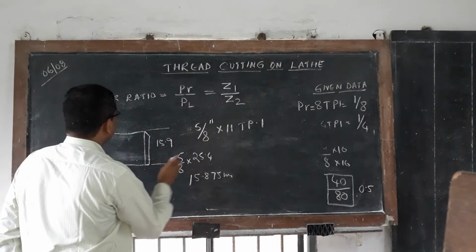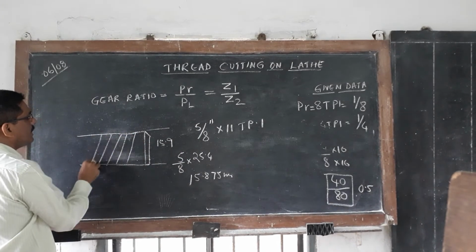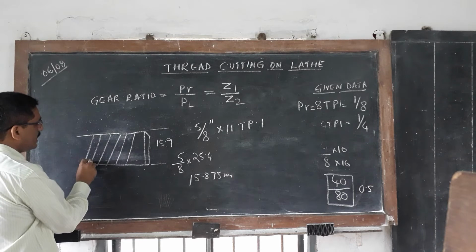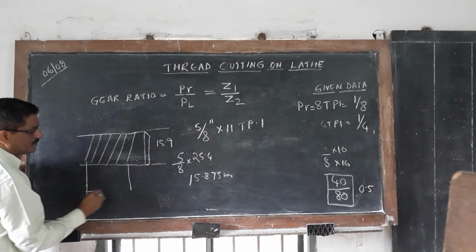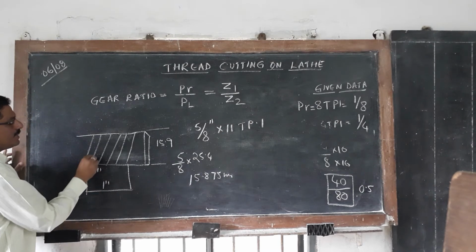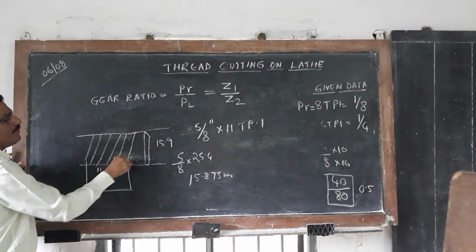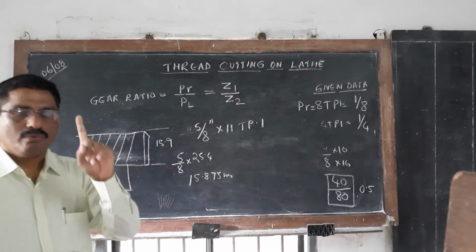Now over this, you have to cut 11 TPI threads. 11 TPI threads means for 1 inch length, 11 threads are coming. Got it? 11 threads in 1 inch.